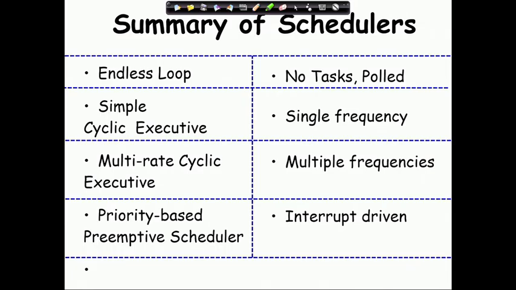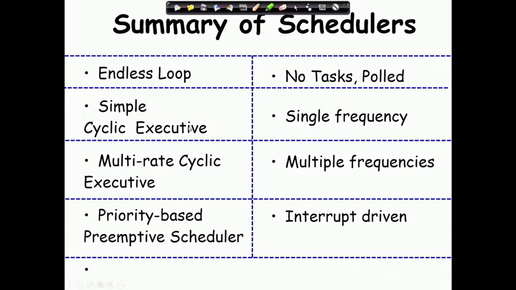The period of the tasks is the same, and once a timer interrupt occurs, the tasks are taken up for execution and then the system waits. In a multi-rate cyclic executive, as the name says, there are multiple frequencies, different tasks arise with different periods, and we will discuss how it handles these different types of tasks and helps to meet their deadlines.